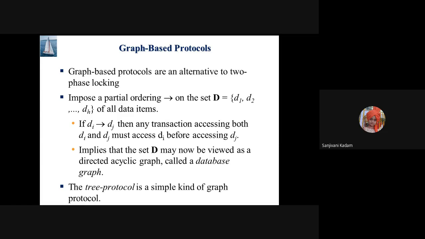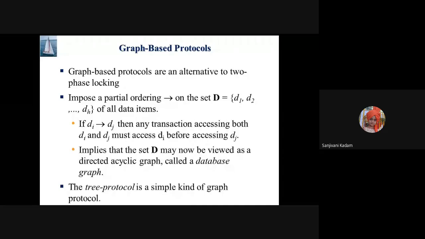So before accessing Dj, we must access Di initially. This implies that the set D may now be viewed as a directed acyclic graph: after D1, D2 is accessed, after D2, D3, and hence up to Dh.